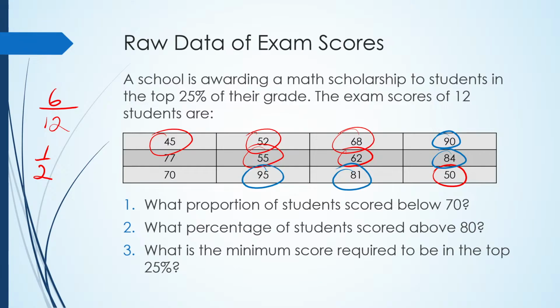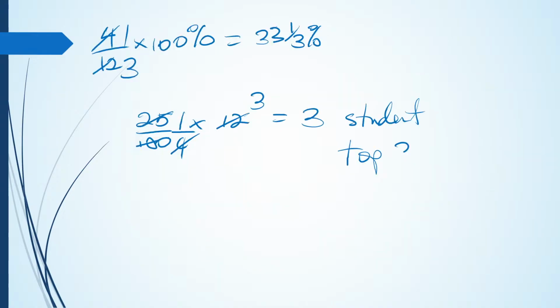Okay, so we're seeing 95, that's the highest, and then we have 90, and then the next one will be 84, right? So the minimum score that you would require to get into the top 3 would be 84. Whatever the grading system is, marks or percentage, whatever. The score you need is 84 to be able to qualify to be in the top 3, right?